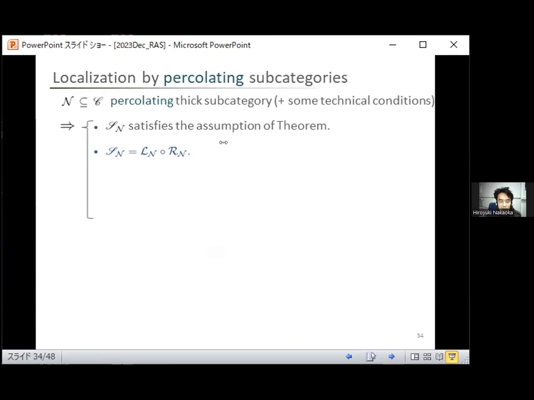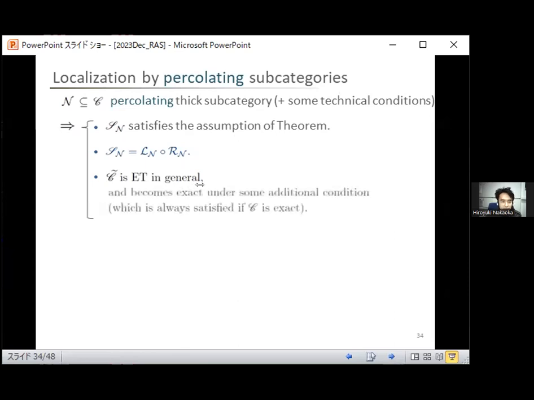And we can show that S_N satisfies the assumption of the theorem. And by the theorem, the localization becomes an ET category. And in this case, the resulting category tends to become an exact category. For example, if C is exact, then it automatically becomes exact without any additional condition.